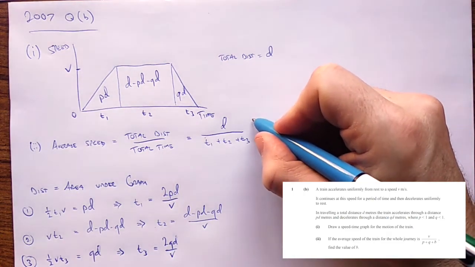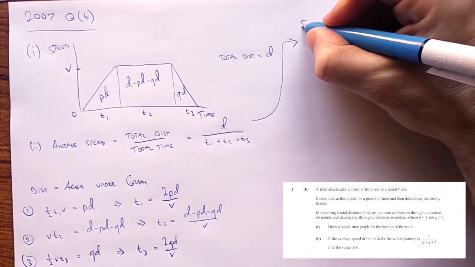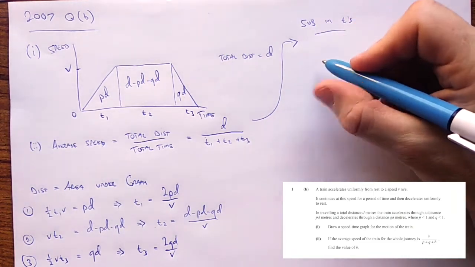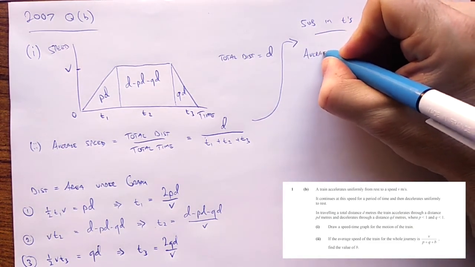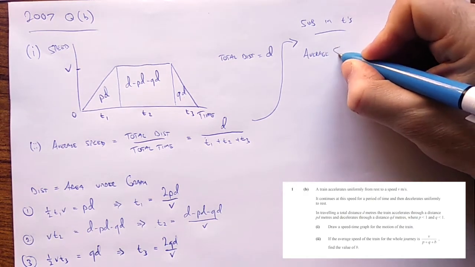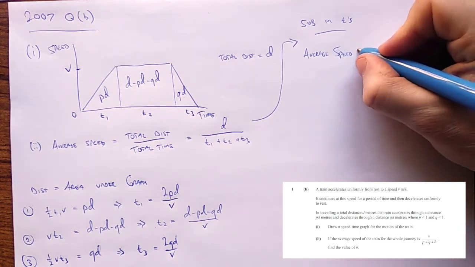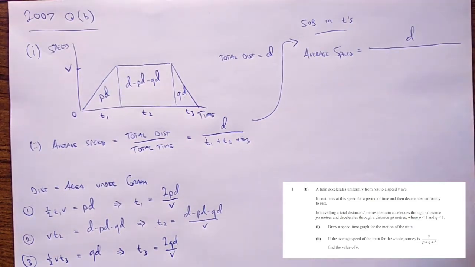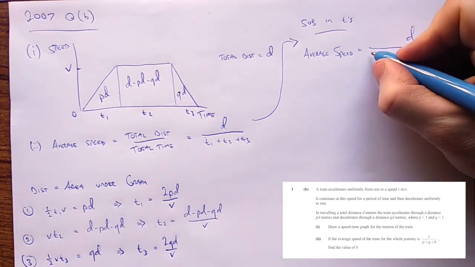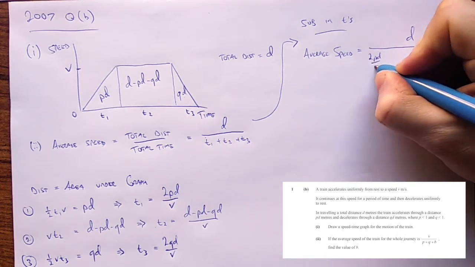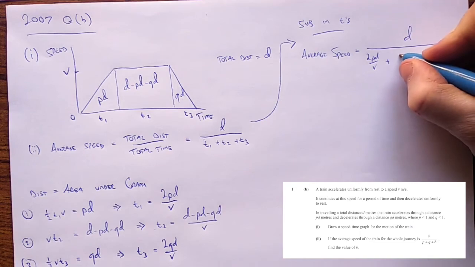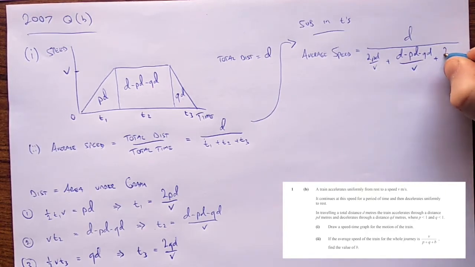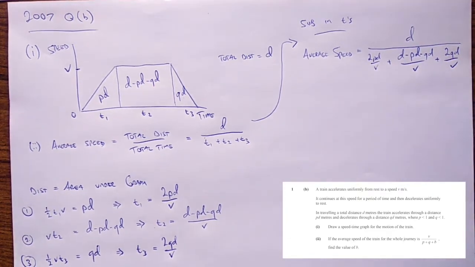So now we're going to sub these in here. Sub in t's. So the average speed is d all over, that's going to be nice and big now, t1, 2pd over v, plus d minus pd minus qd all over v, plus 2qd all over v.